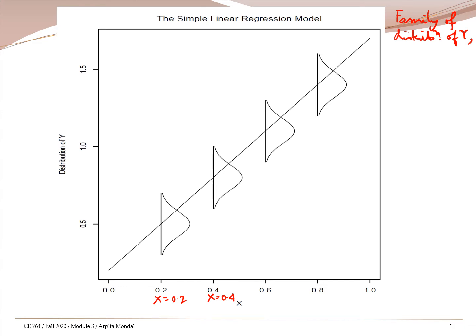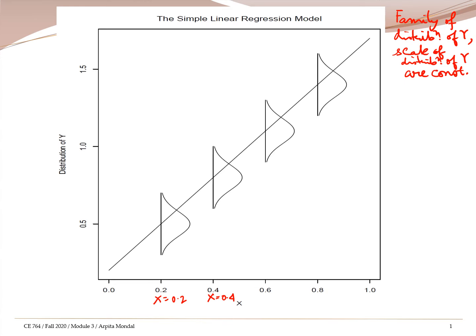What else does not change with different levels of x? The variance, the spread of the distributions, is also exactly the same. So the family as well as the scale of the distribution of y are constant, right?